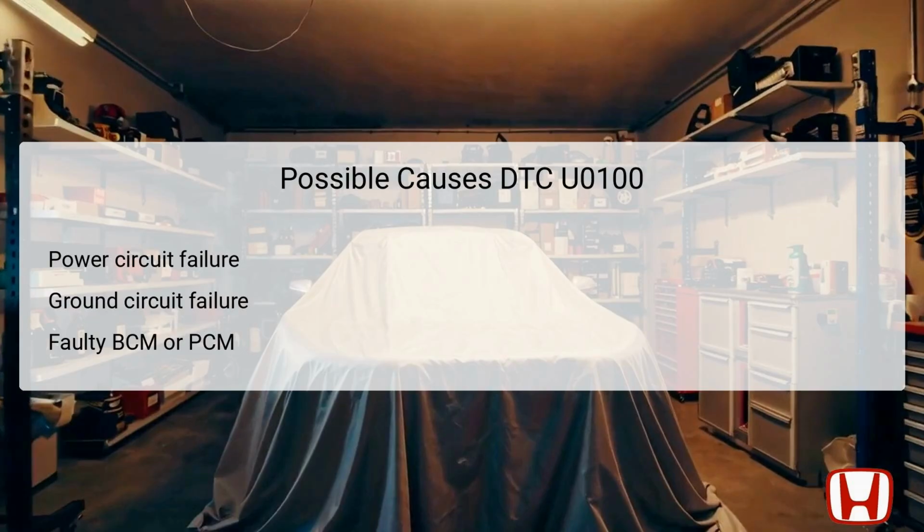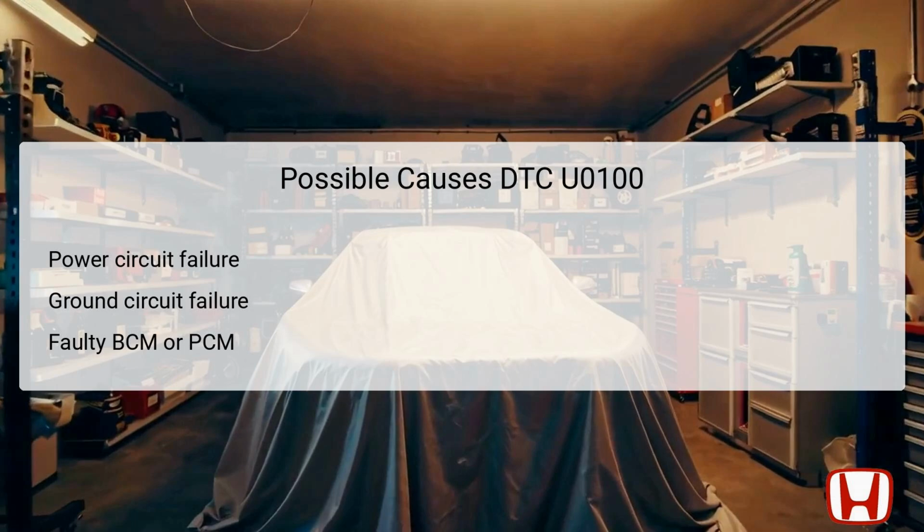Several factors can lead to the DTC U0100 being recorded. A primary cause may involve the power circuit failure affecting the PCM, which supplies necessary voltage for its operation. If the PCM cannot start due to inadequate power supply, it may not communicate effectively with the BCM.